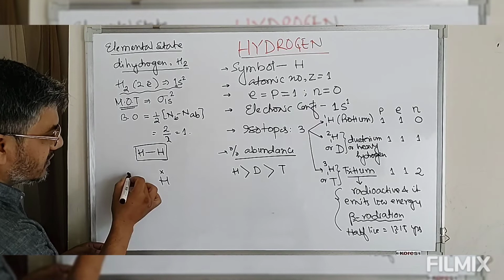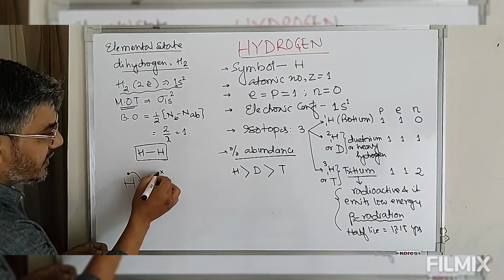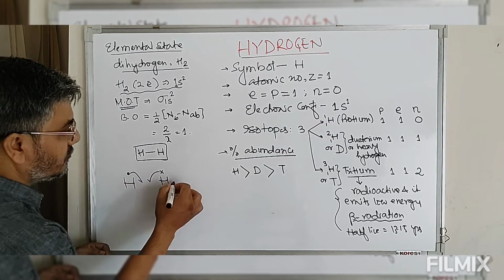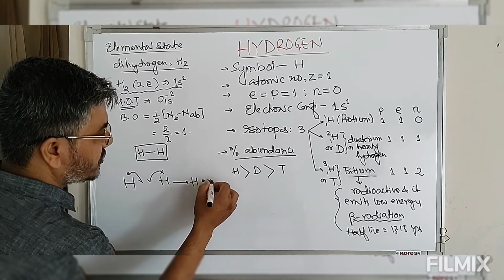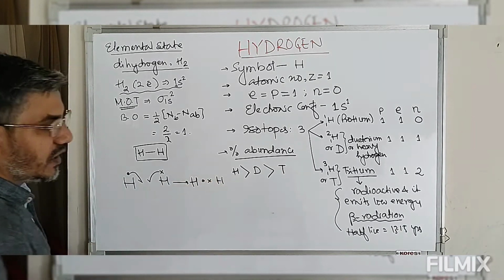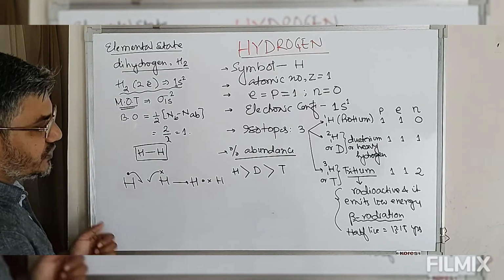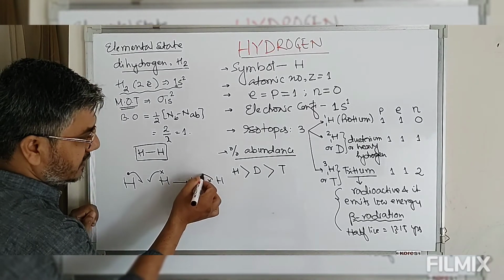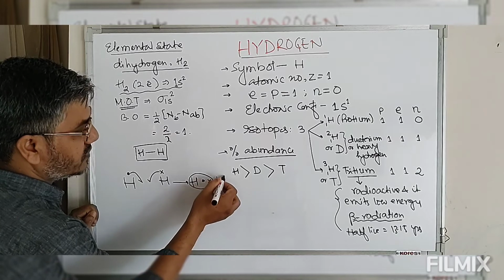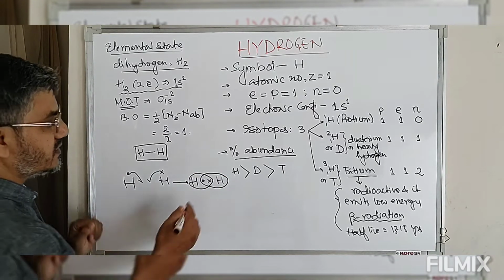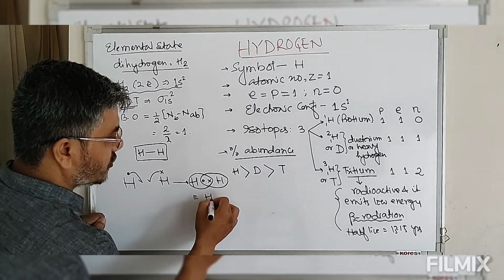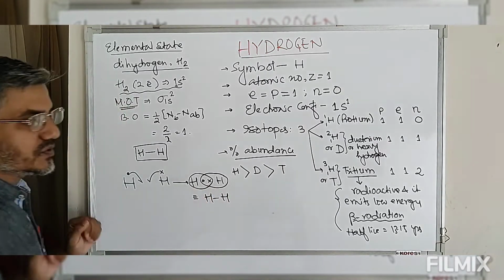Now this gives you 1 electron here, and this gives you another electron, and when they combine, a pair of electrons is being shared between these two hydrogen atoms. After this sharing, this electron is a property of both the hydrogens, so each hydrogen acquires duplet configuration, and this is what they call the hydrogen sigma bond.